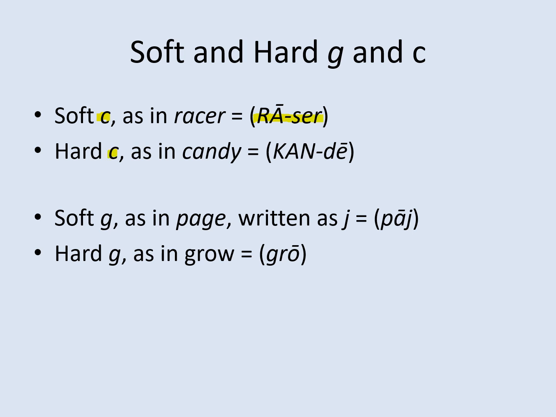There can be a hard C as in candy. A soft G is indicated by a J, so we can have a page pronunciation, and a hard G as in grow.